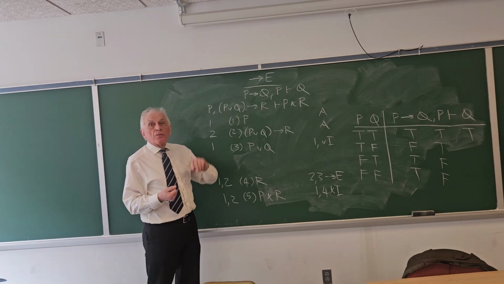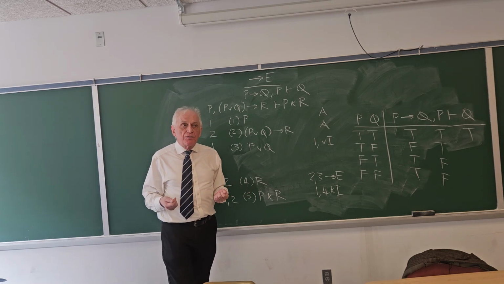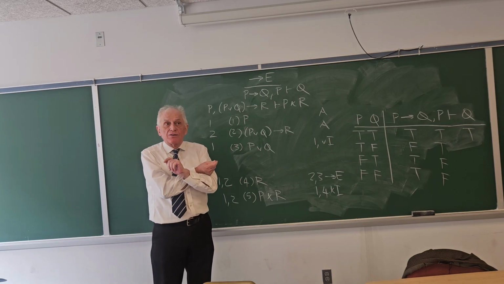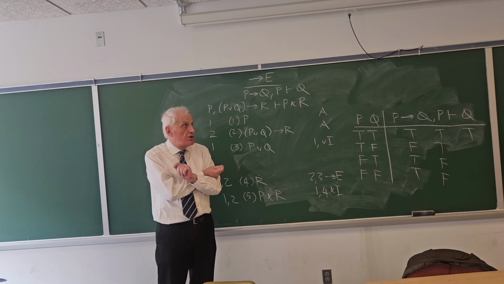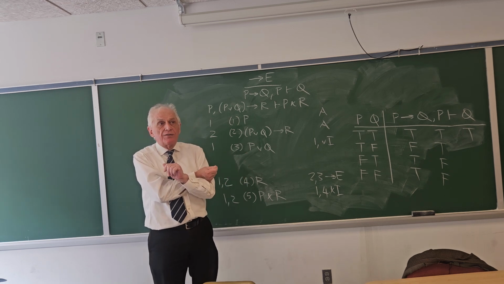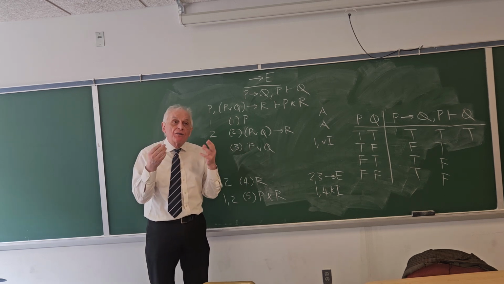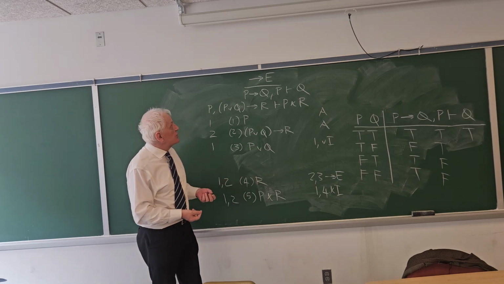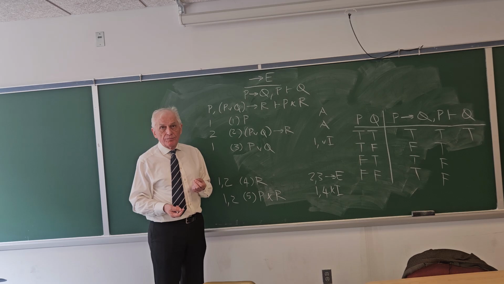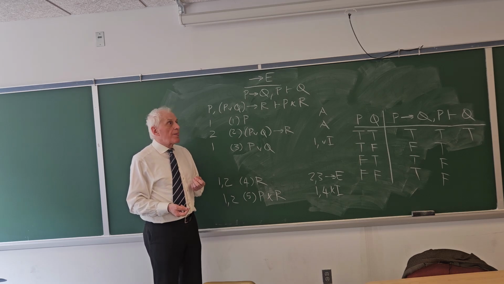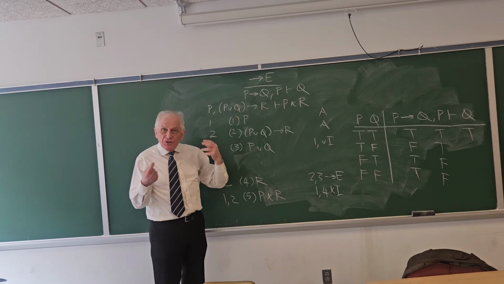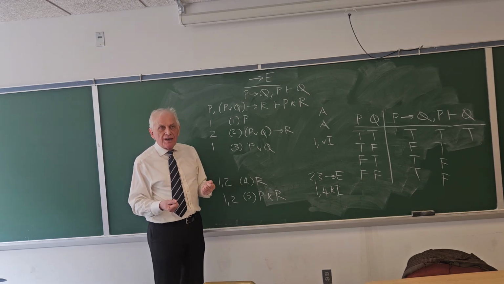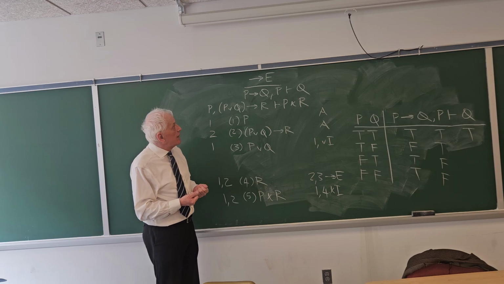Remember, this is related to the fact that the conditional is asymmetric, whereas you can flip the conjuncts of a conjunction or the disjuncts of a disjunction or the sentences either side of a biconditional, and the truth value stays the same. But with the conditional that is not true. And so there's, so to speak, only one version of arrow elimination.